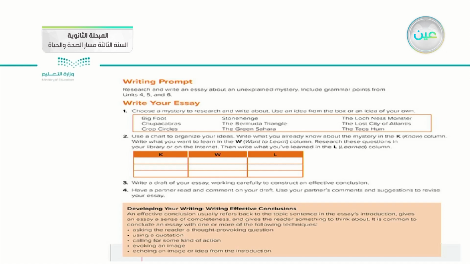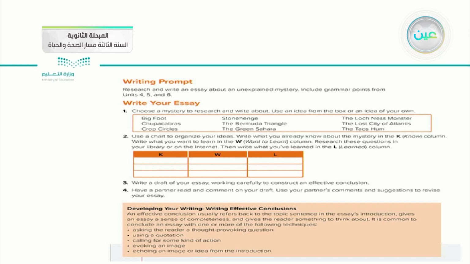Number 1, Bigfoot, Stonehenge, the Loch Ness Monster, the Chupacabras, the Bermuda Triangle, the lost city of Atlantis, crop circles, the Green Sahara and the Taos Hum. These are some titles or big ideas for your research on these mysteries.